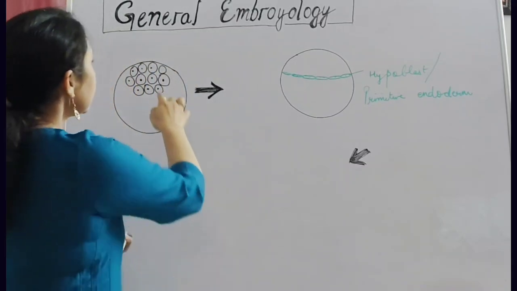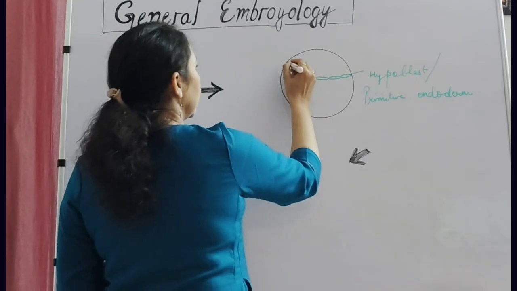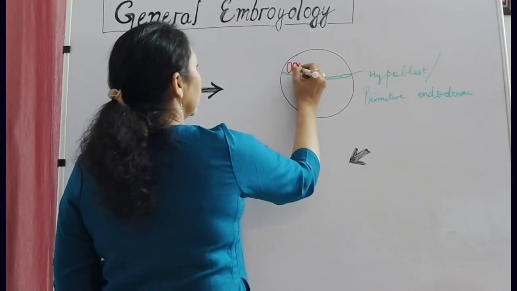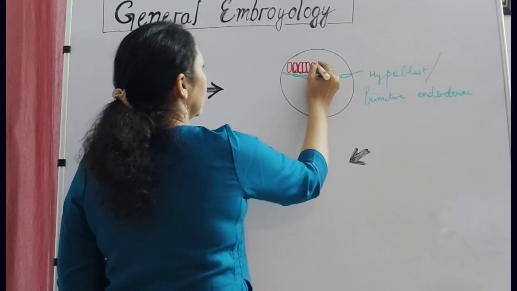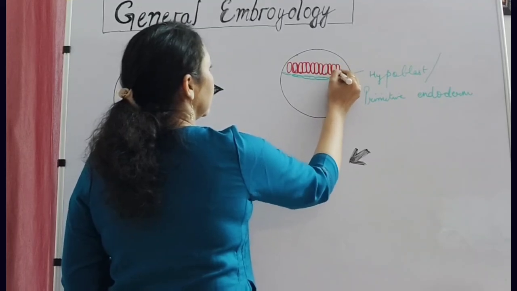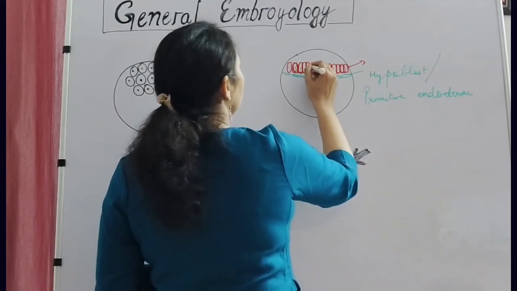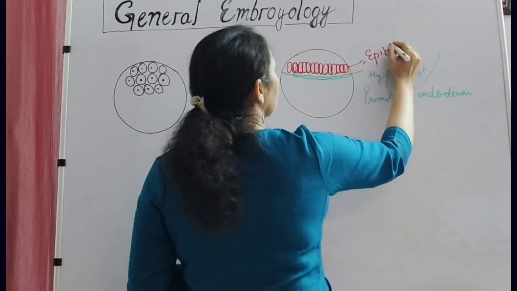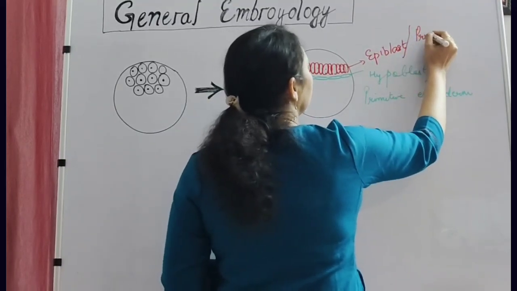Now, the remaining cells of this embryoblast, they will become columnar and form another layer here. And we call this layer as epiblast or the primitive ectoderm.